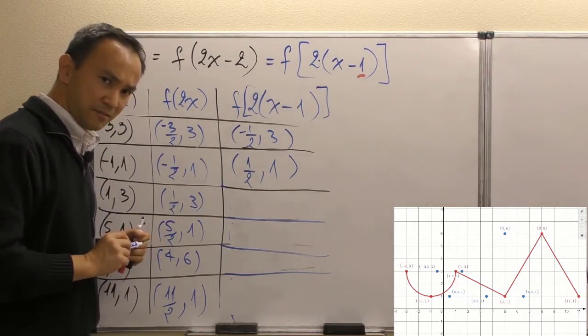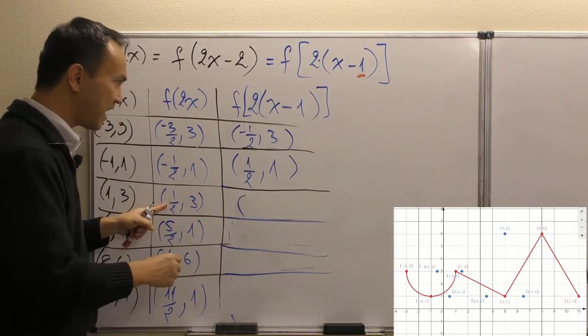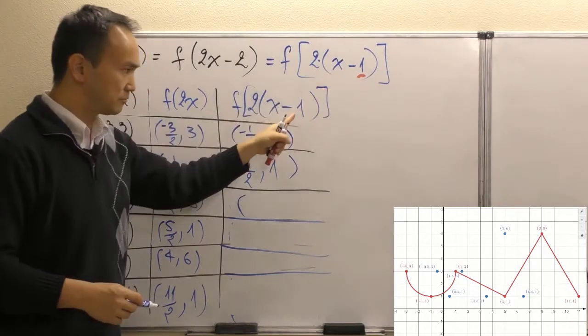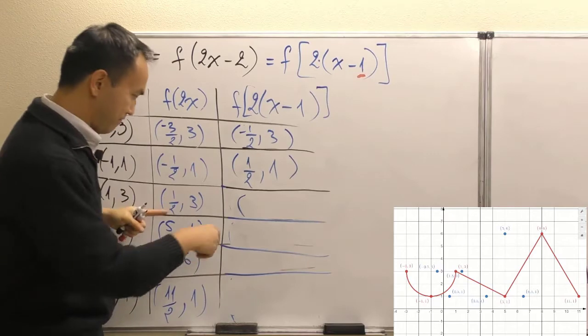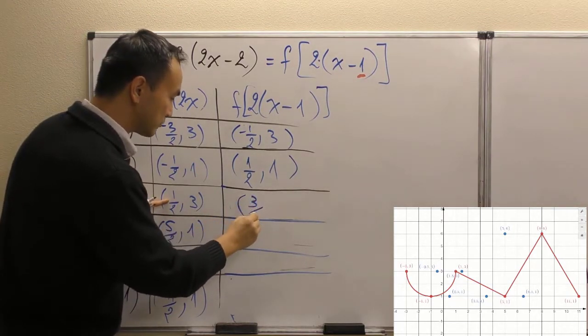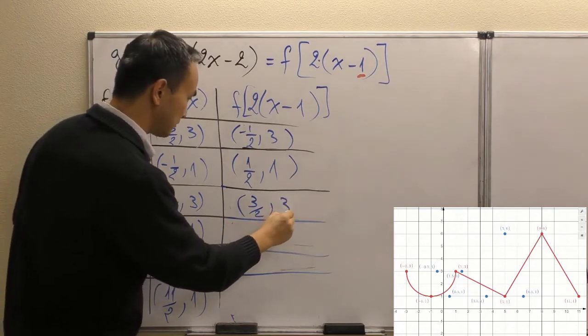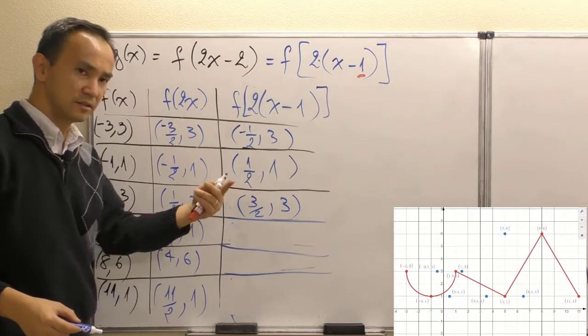Okay, and then let's advance even further. So how about 1/2 plus 1? Now 1/2 plus 1 gives me a positive 3/2, and now the y value, comma 3. This point, the third point on our list, is also consistent.